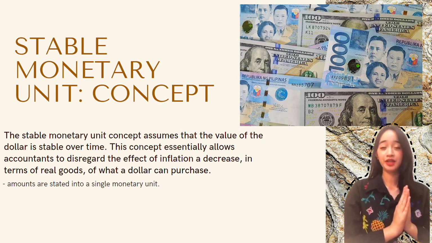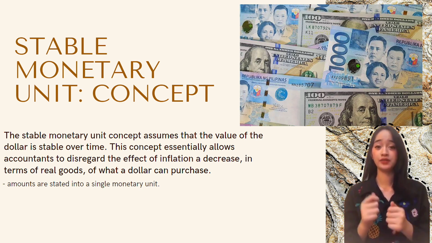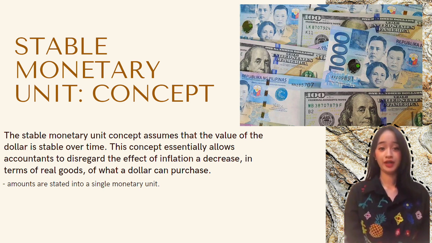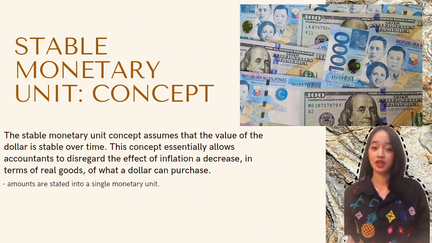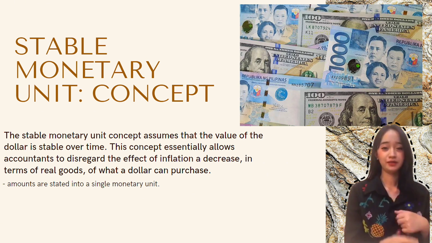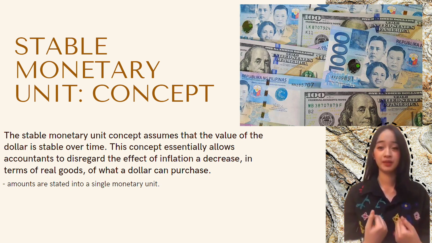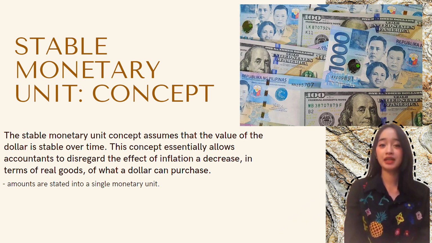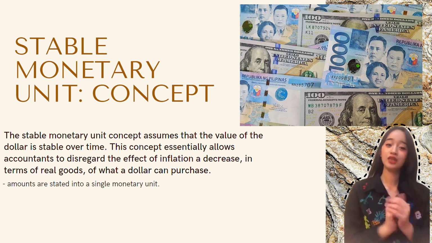Stable monetary unit concept. It says here that this unit assumes that the value of the dollar is stable over time. This concept essentially allows accountants to disregard the effect of inflation, a decrease in terms of real goods of what a dollar can purchase. So, ang stable monetary unit concept is dapat isang currency lang, hindi yung iniiba-iba.